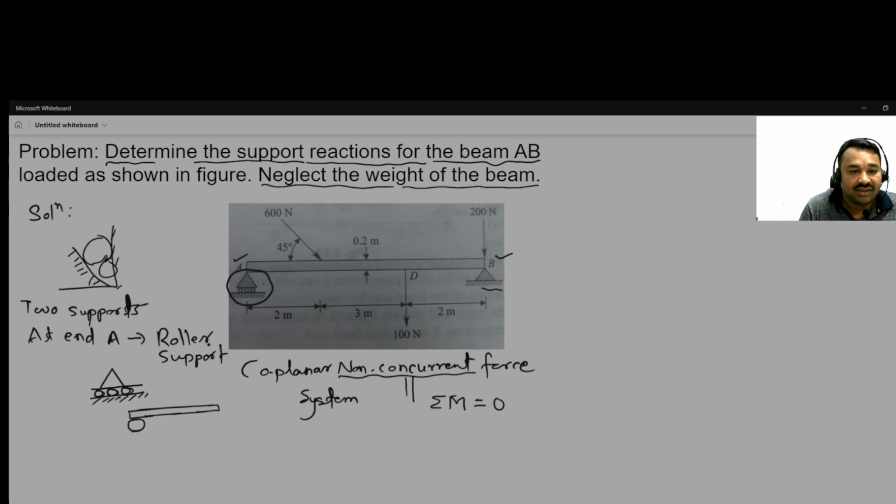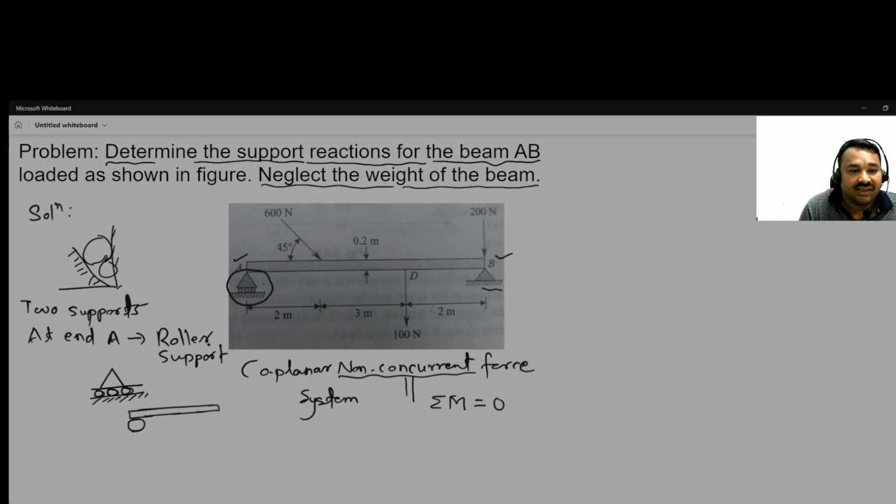So this is the beam, and how does the beam look like? Its length is much greater than the other two dimensions.